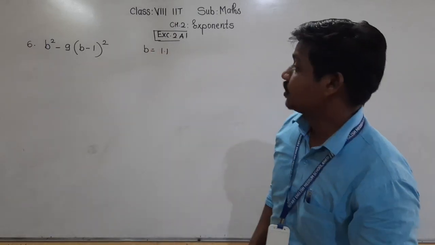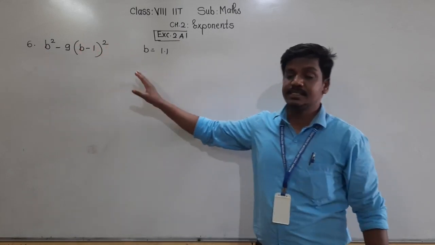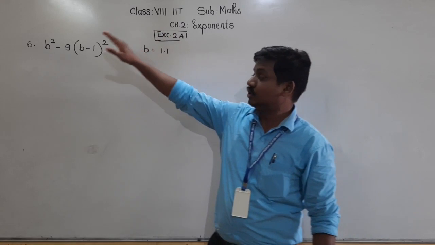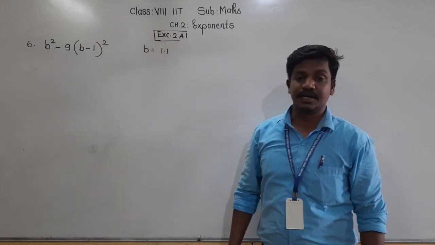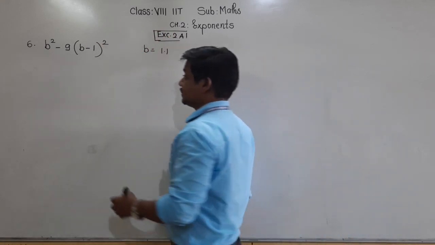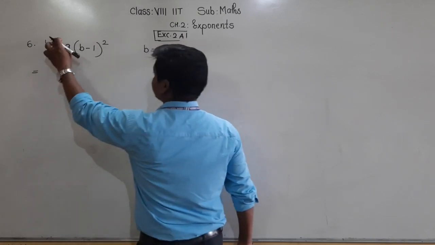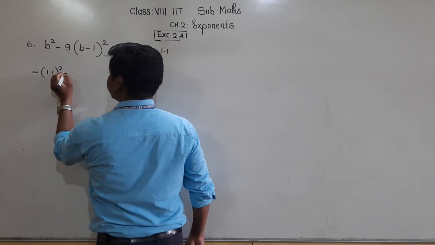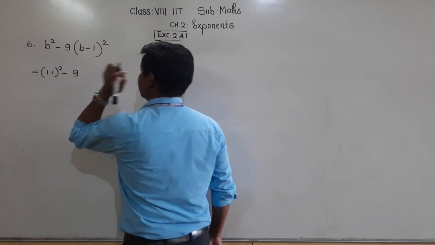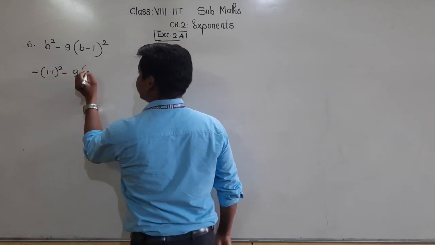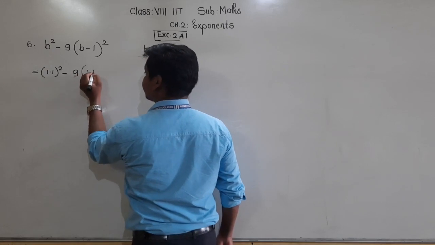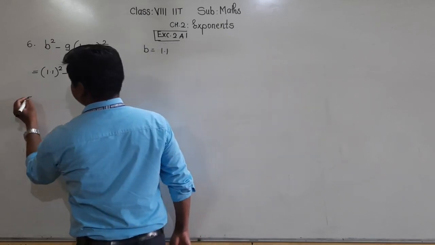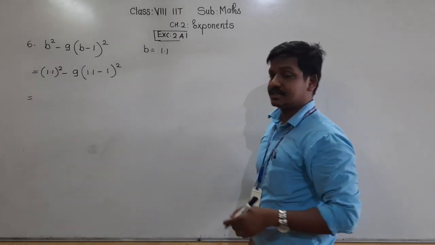So how do we have to solve this? This value of b, 1.1, we have to put in this given expression at the place of b. b square means 1.1 square, minus 9 into (b means 1.1 minus 1) whole square. 1.1 square means 11 square.